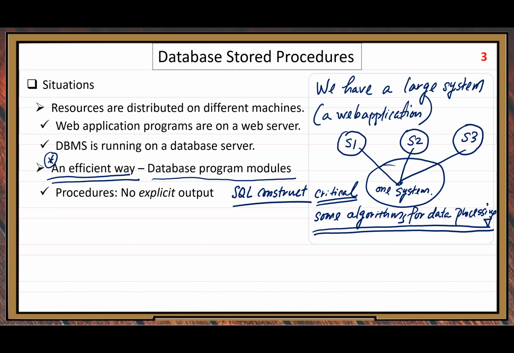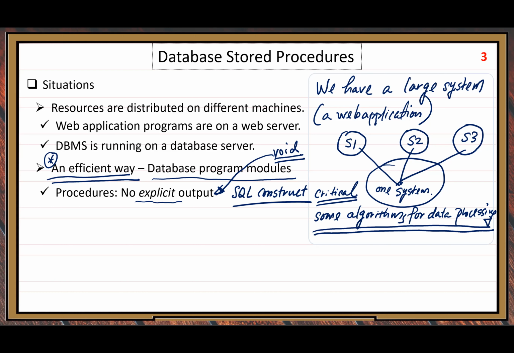When you use procedures, there is no explicit output. It's like a function, but with no output, just like void. When we define functions in programming, we can declare that a function does not generate output, the void type.